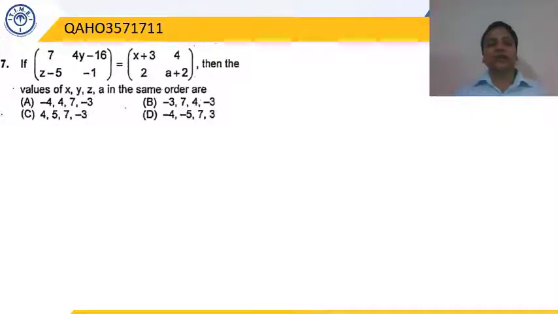We equate the corresponding elements of the matrices. So we equate 7 with x plus 3, and 4y minus 16, that is first row, second column of the left hand side matrix, equal to first row, second column of the right hand side matrix, which is 4. So we equate the corresponding elements and then find the values of x, y, z and a in the same order.